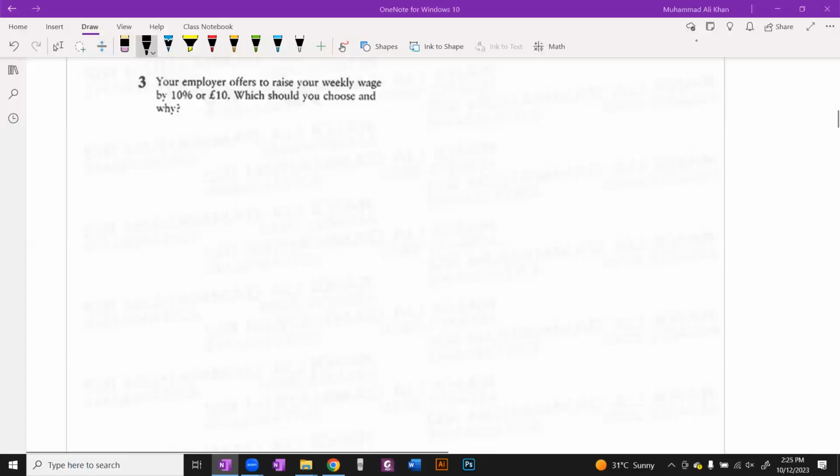If, for example, someone has a wage of 100 pounds, then an increment of 10% and an increment of 10 pounds are the same. 10% of 100 pounds is 10, and an increment of 10 pounds is again an increment of 10.